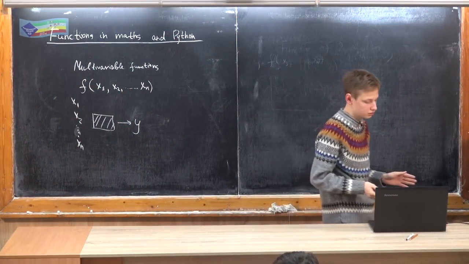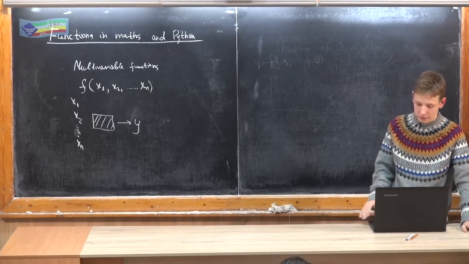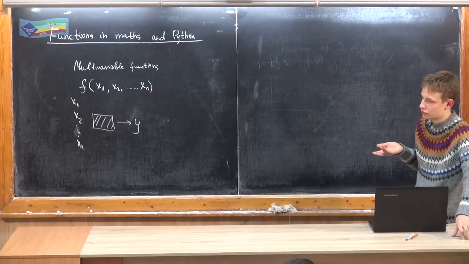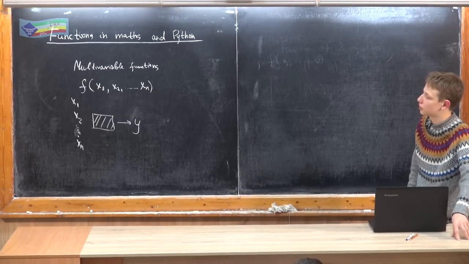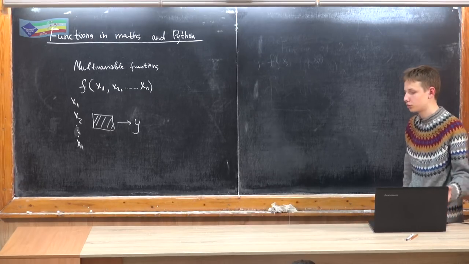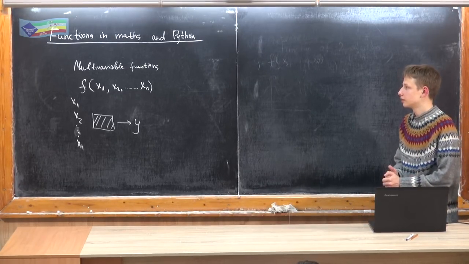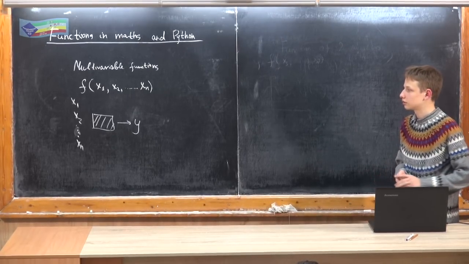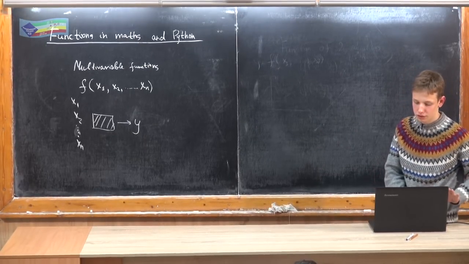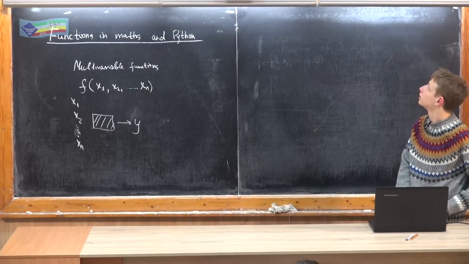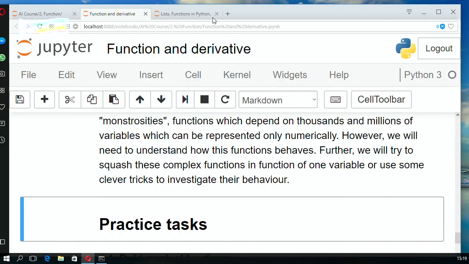And now let's take a look at how to code these functions, because we can graph functions in our minds, but at the same time we can just get values, and computing values for multivariable functions is not a problem for a computer. So we will use mostly these numerical methods, not graph methods.